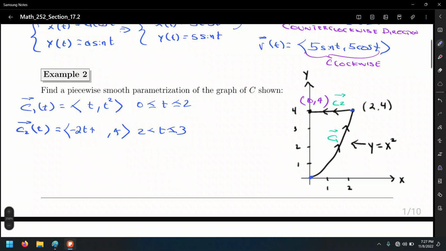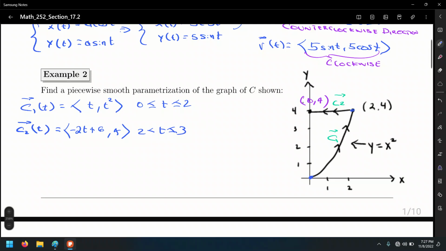So negative 2 times 2 equals negative 4, plus what number would I get at positive 2? 6. All right. Now, is this parameterization going to work when t equals 3?